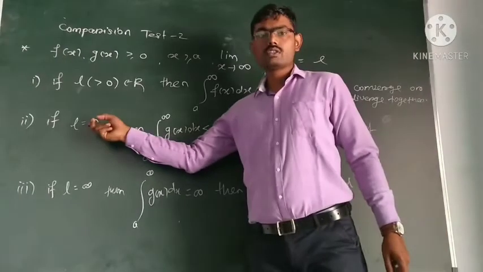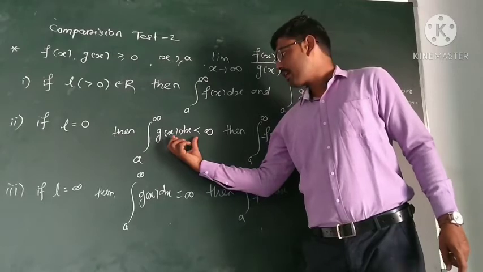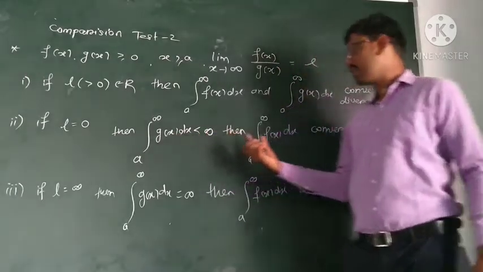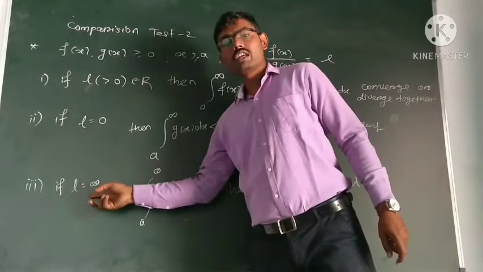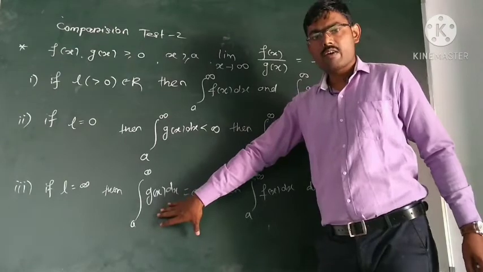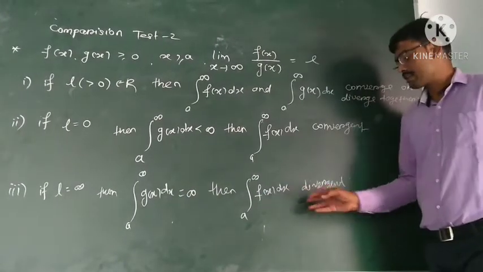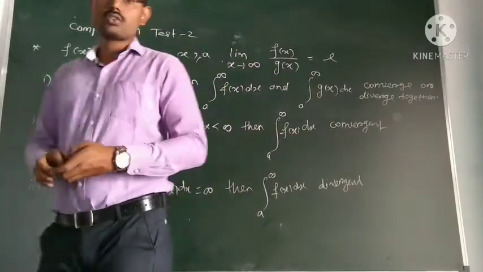If the limit is equal to 0, then if the improper integral of g is convergent, the improper integral of f is also convergent. If the limit is equal to infinity, then if the improper integral of g is divergent, the improper integral of f is also divergent. This is comparison test 2 or the quotient test.